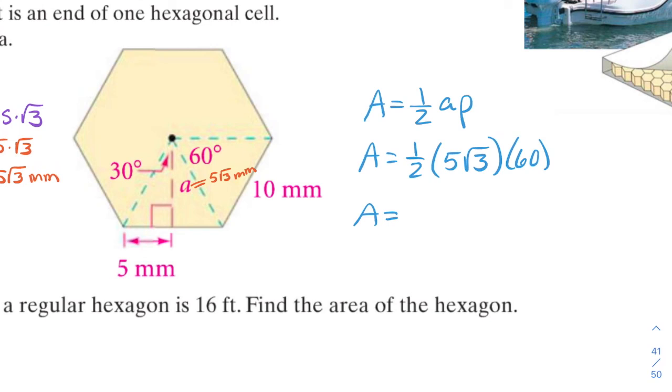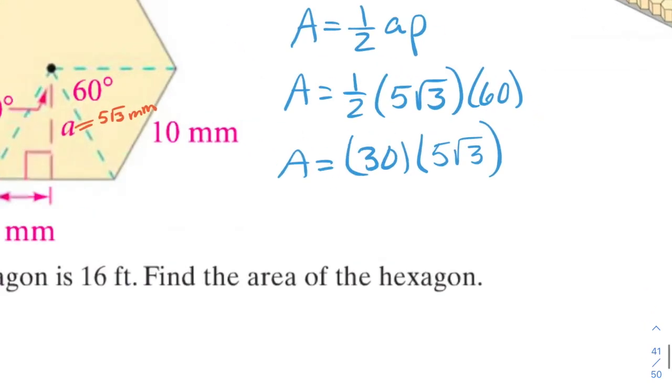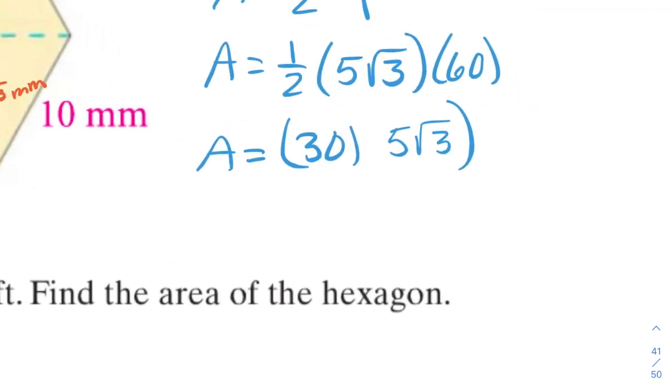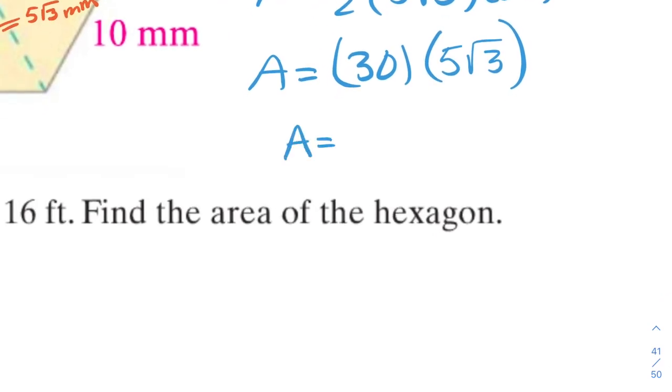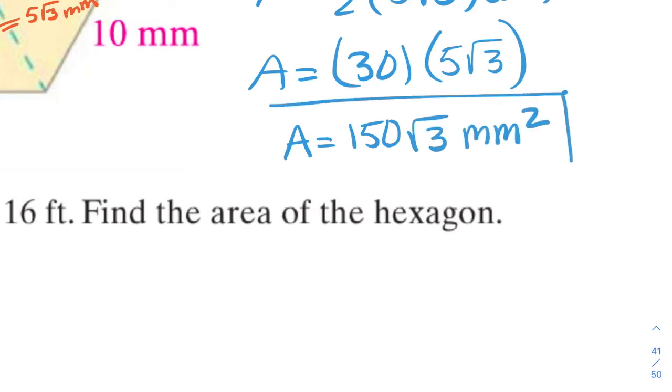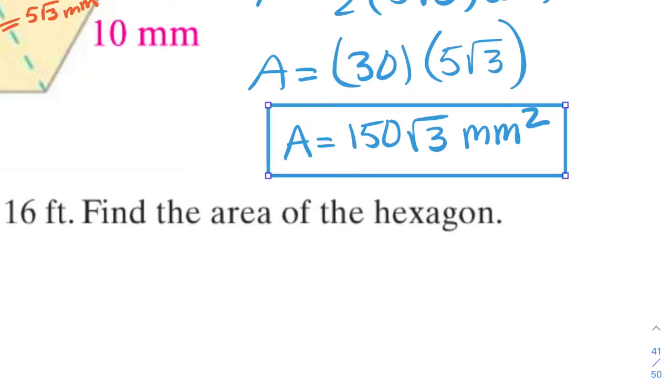So area is equal to 30. So this is going to be 30, right? Half of 60 is 30. So 30 times 5 square root of 3. I think that's the easiest way to do this. So area equals 150 square root of 3 millimeters squared. Because 5 times 30 is 150.